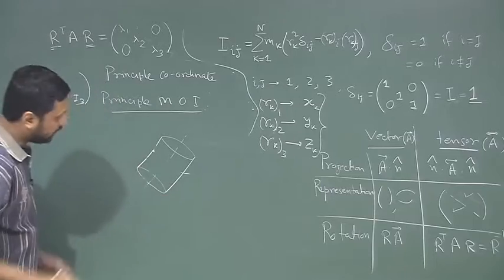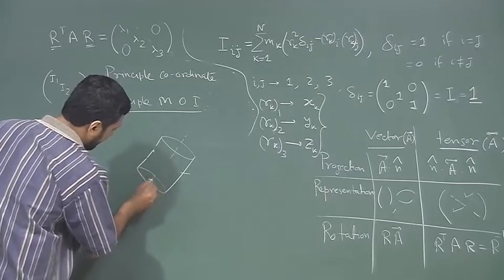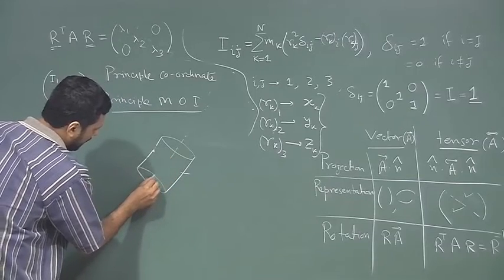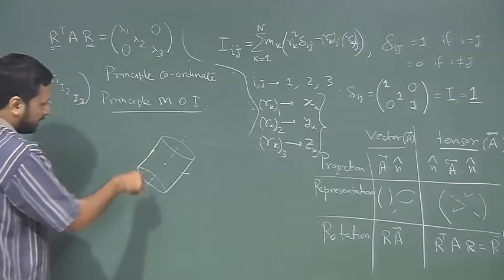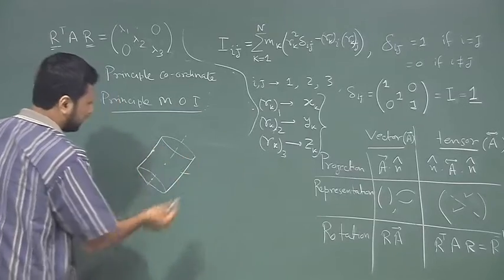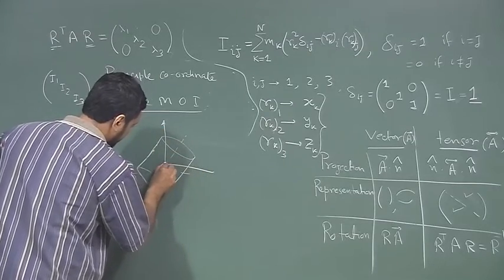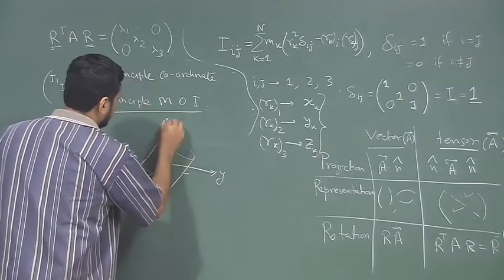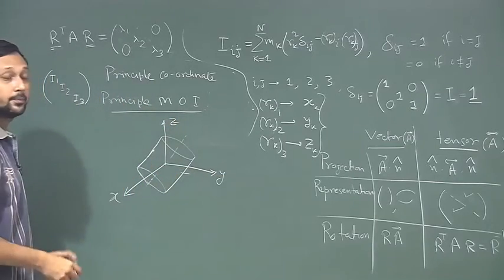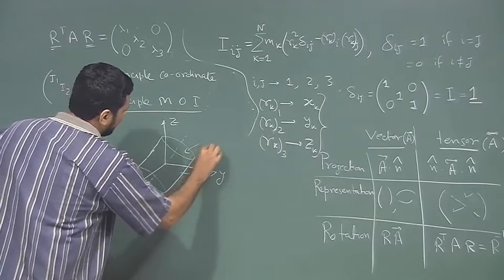If I shift my origin, my moment of inertia tensor will change. So, let us say in the middle I have a point that is the center of this. By symmetry I can always say that this will be the center of mass. I have an axis system which goes through the center of mass, but which is tilted, which is not following the symmetry of this object. And it is a cylinder with some uniform density rho.